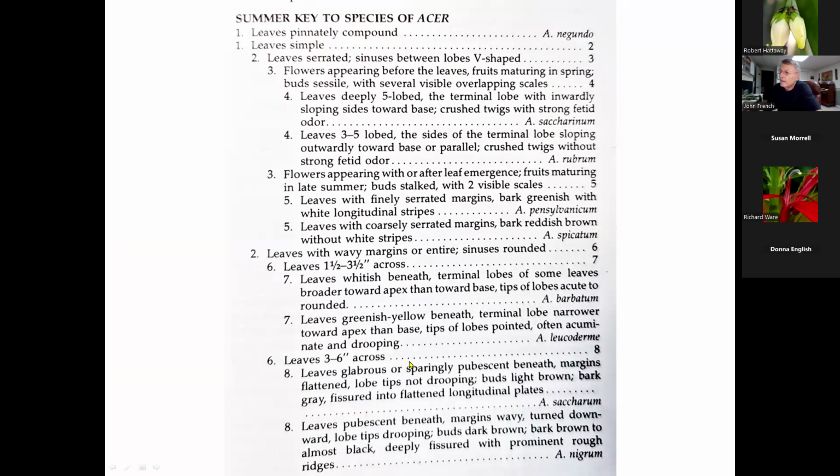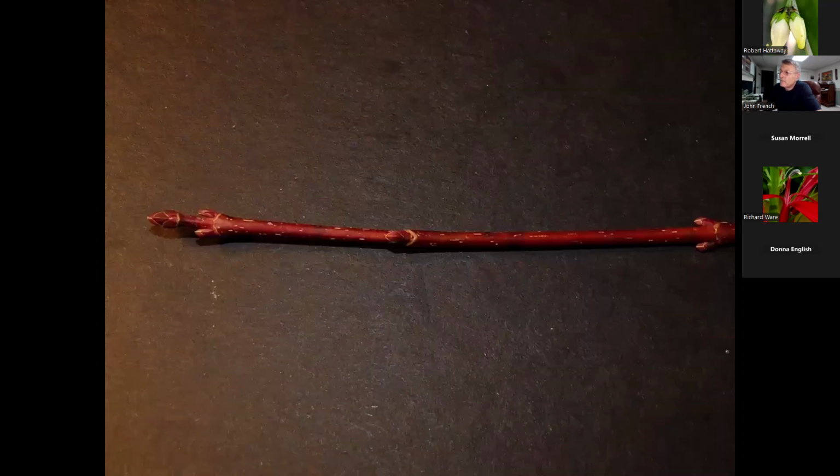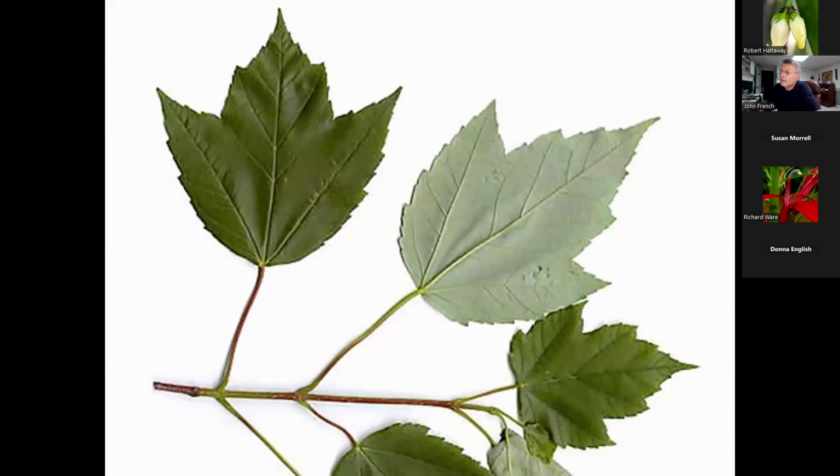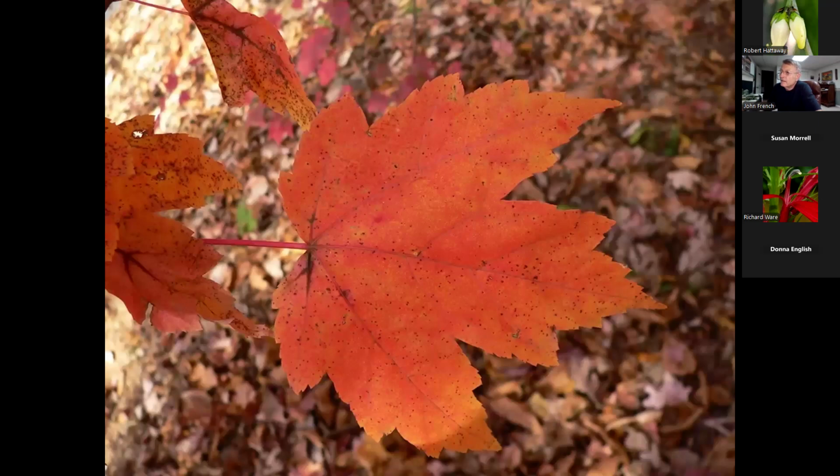Well, we can't do the crushed twigs. Let's see how the sides are sloping. They're sloping like they're supposed to be, right? Yes. Okay, so all right.